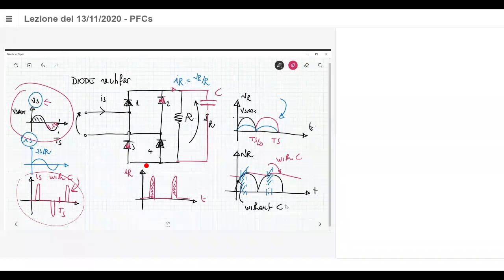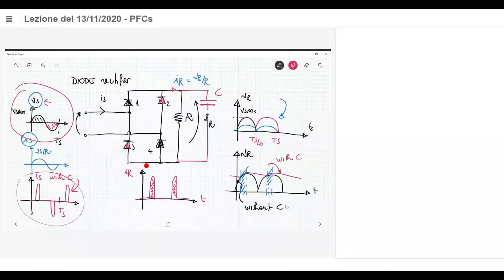So it depends only on the displacement factor that you can have in that circuit due to the presence of some inductances. So they are not in phase, the fundamental component of the current and the voltage Vs. This is a typical situation that can be described with the same parameters I discussed before.